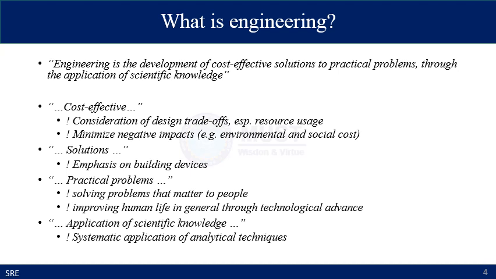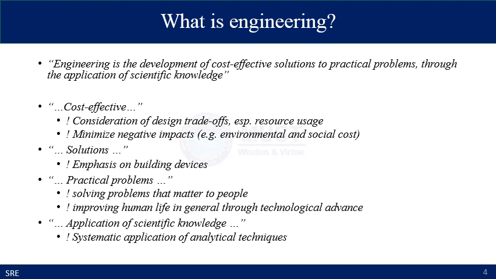So as you are studying the course of an engineering domain, you should first understand what is an engineering degree or an engineering program. So engineering by definition is the development of cost-effective solutions to practical problems through the applications of scientific knowledge.